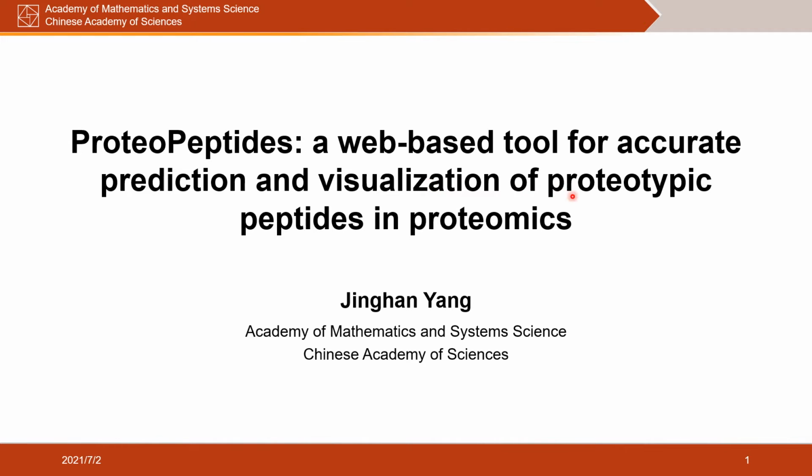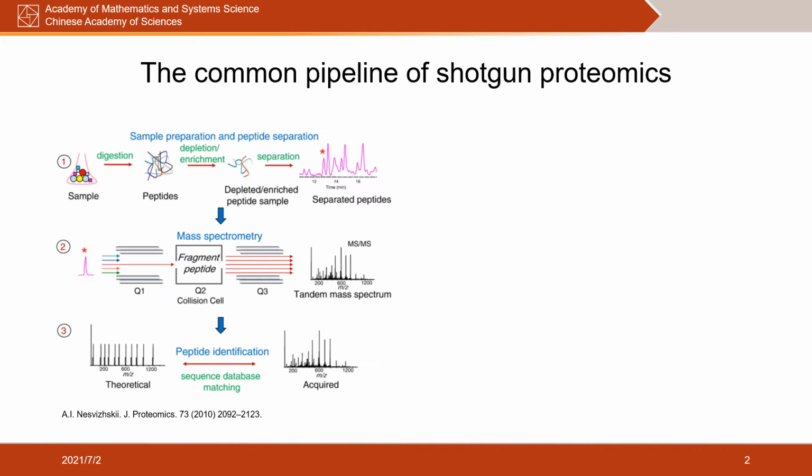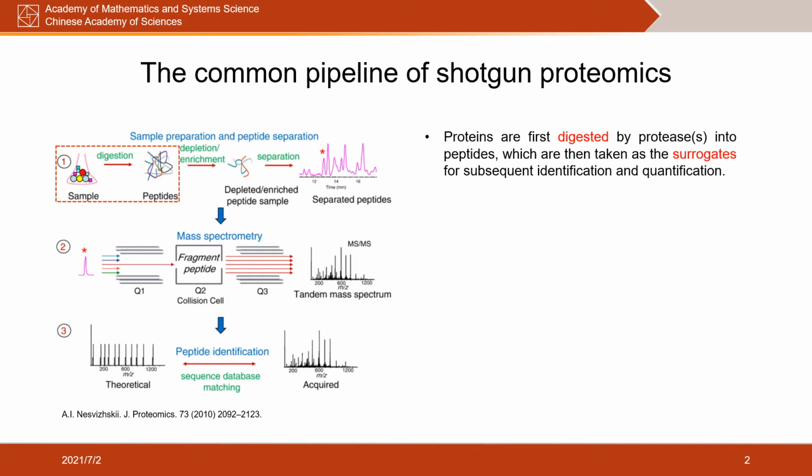Today, I will give you a detailed introduction about our web-based tool ProteoPeptides for accurate prediction and visualization of proteotypic peptides in proteomics. In mass spectrometry-based shotgun proteomics, proteins are first digested by proteases into peptides, which are then taken as surrogates for subsequent analysis.